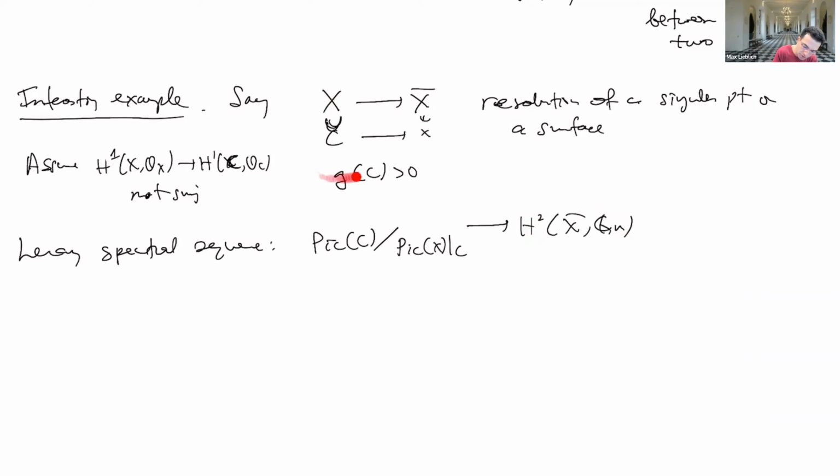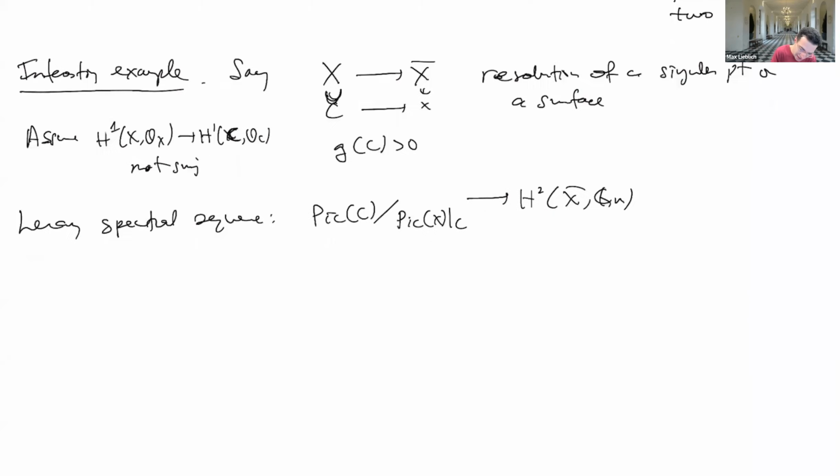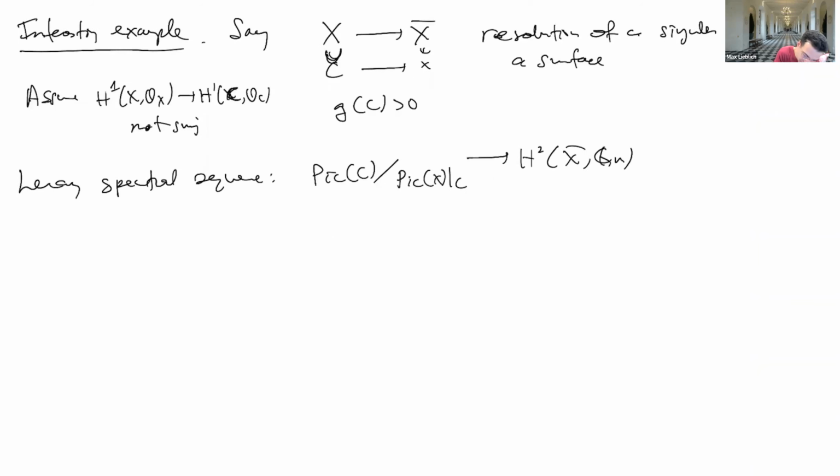One way to do it in this situation where you have a resolution is if you take line bundles on C that are torsion, they're going to give you torsion classes in this cohomology group, the things that we're interested in. All right. And so we could ask Grothendieck's question here. If I take an L in, say the N-torsion, just to be concrete, of this that's not in Pic of X restricted to C, I hope you know what I mean when I say this.